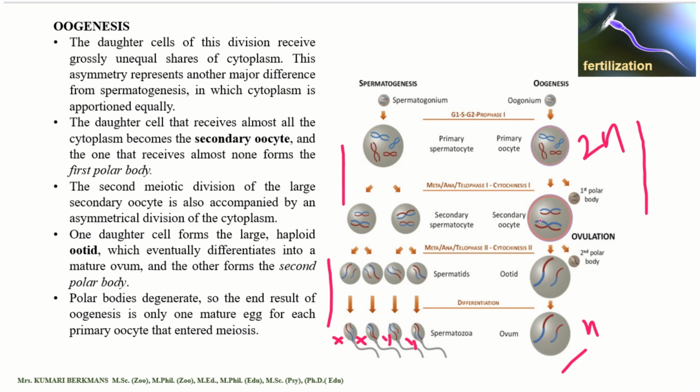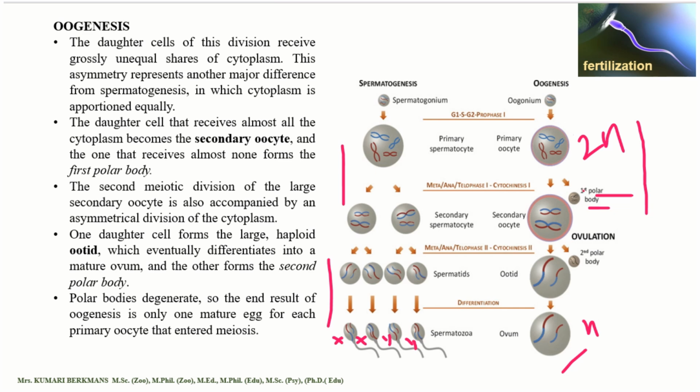So this cell, the secondary oocyte, possesses n chromosomes, and the other part is called the first polar body. The next division is meiotic division 2. Here the secondary oocyte is transformed into the ootid as well as a second polar body.